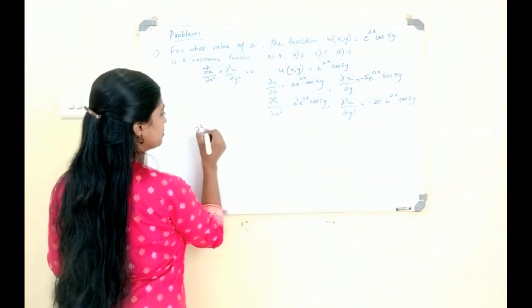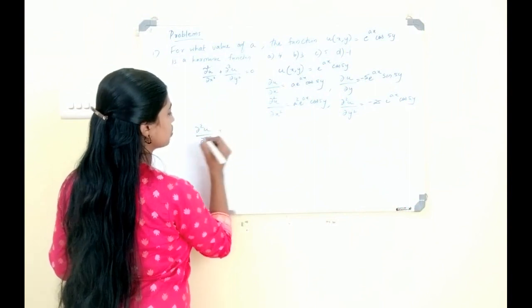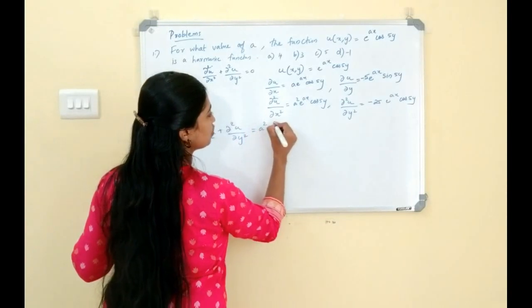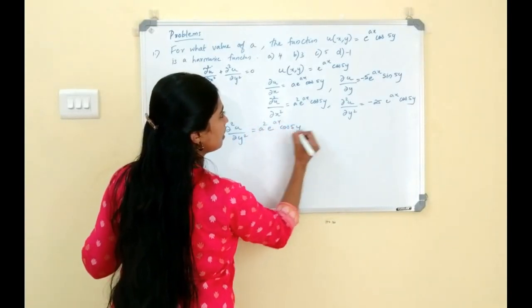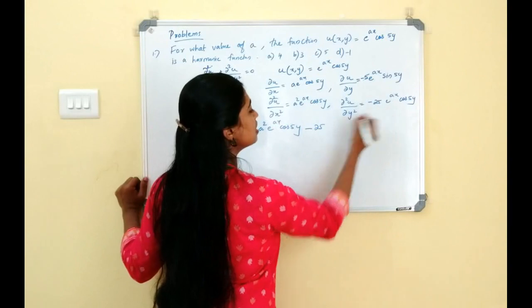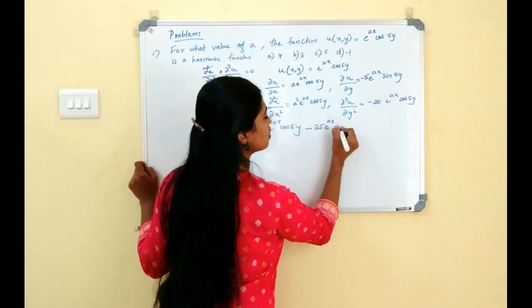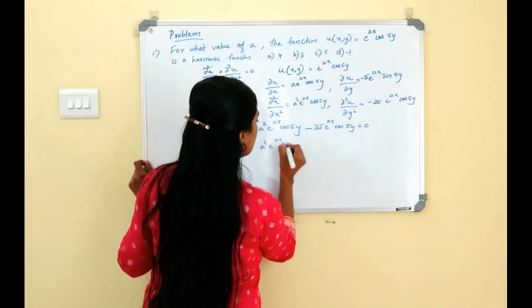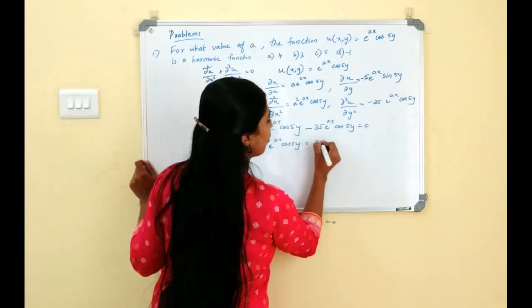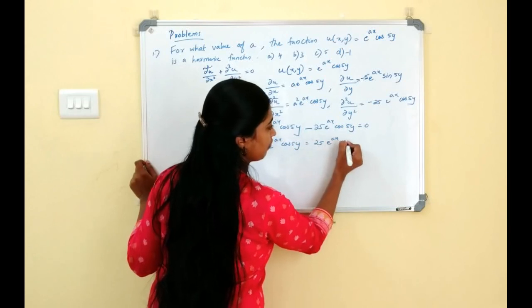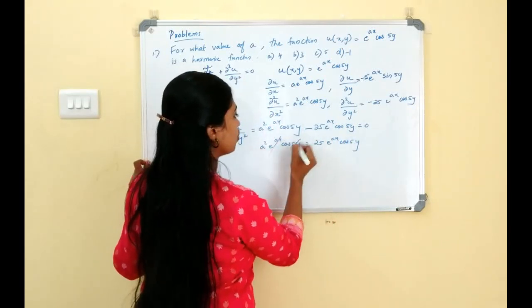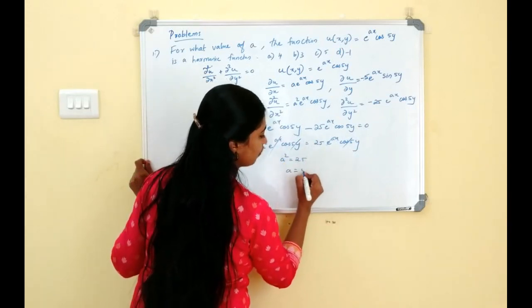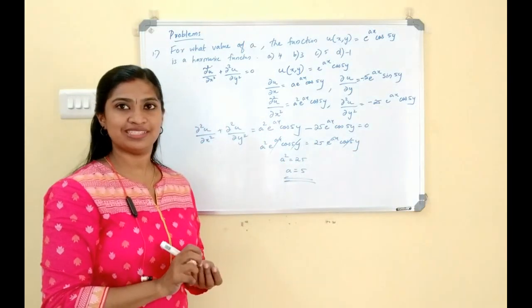So as it satisfies Laplace equation, dou square u by dou x square plus dou square u by dou y square is equal to a square e raised to ax cos 5y minus 25 e raised to ax cos 5y is equal to 0, or a square e raised to ax cos 5y is equal to 25 e raised to ax cos 5y. E raised to ax cos 5y gets cancelled, so a square is equal to 25, or a is equal to root of 25, that is 5. This is the required answer.